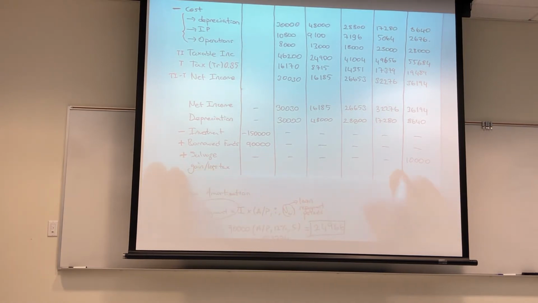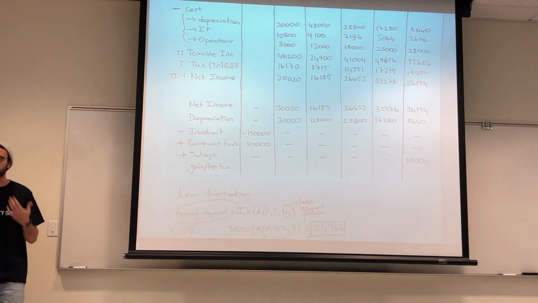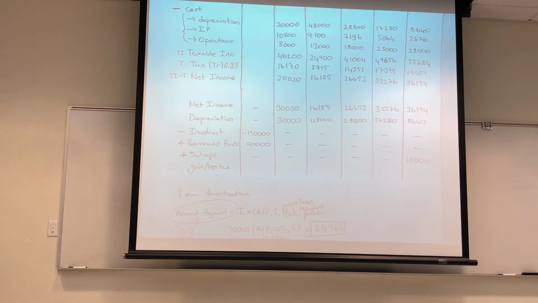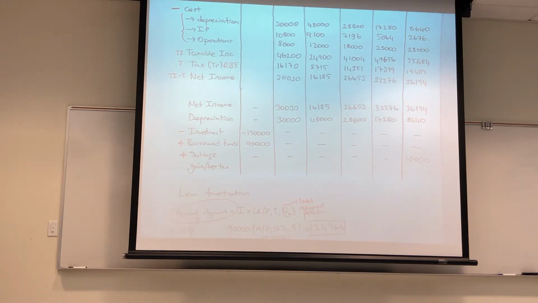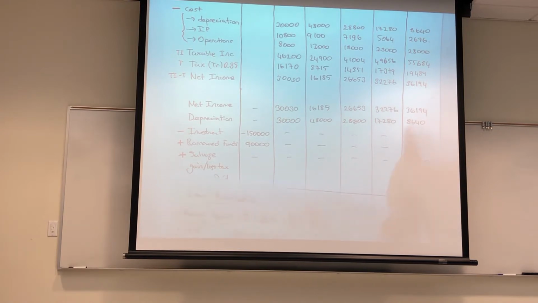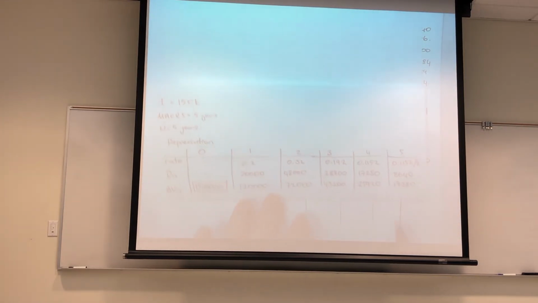Okay, gains or losses tax. Do you all remember how to calculate the gains or losses? Yeah. So let's do it again. The gains or losses comes from the book value of the investment we have. And we just did it, just to use it here.